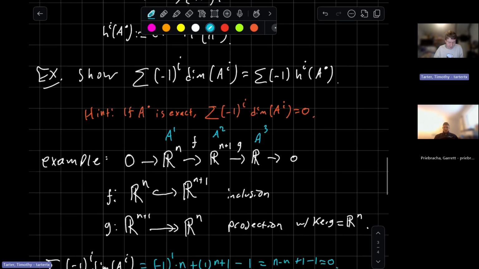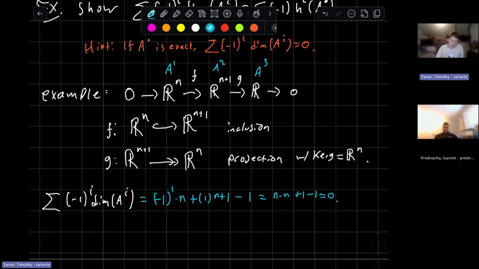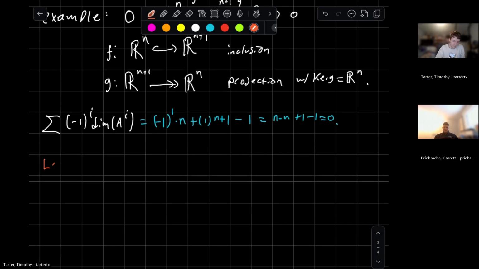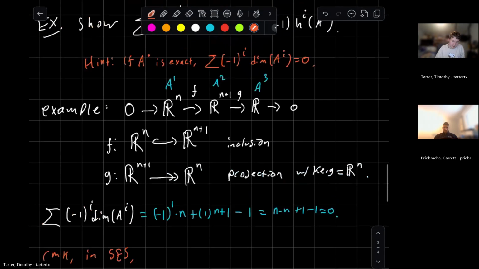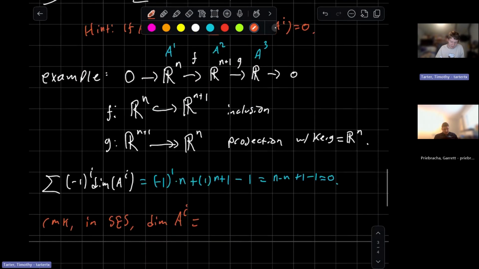So then, in short exact sequences, or I guess I'll make this a remark: in short exact sequences, the dimension of A_i is equal to the dimension of A_(i-1) plus the dimension of A_(i+1).